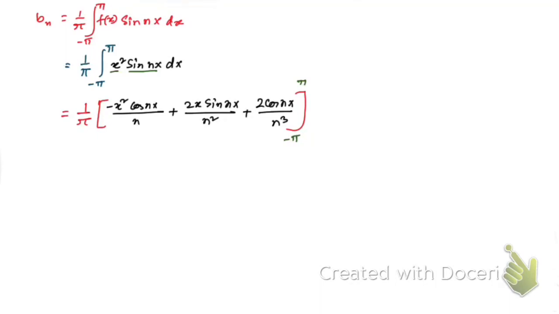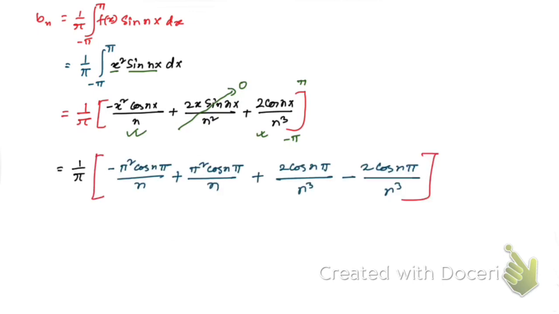If you put the upper and lower limit, then you see in the middle term, sine pi is 0, so this middle term is going to be 0. We will be left with these two terms only, and let's put the upper and lower limits.